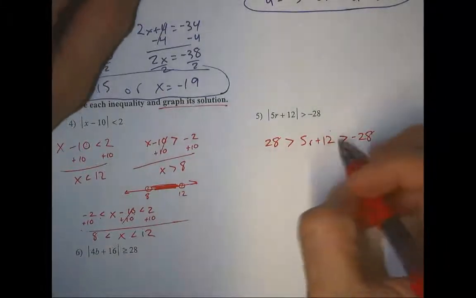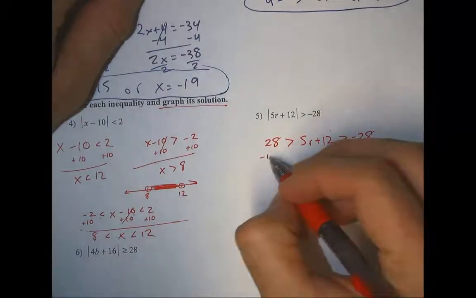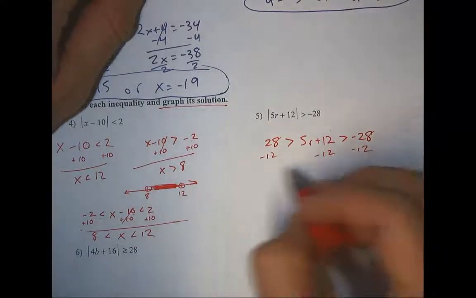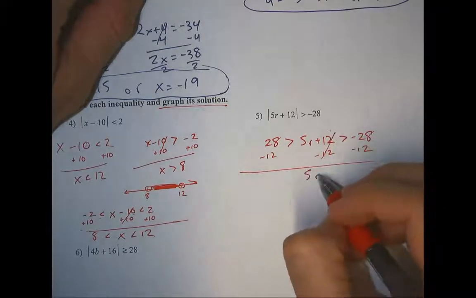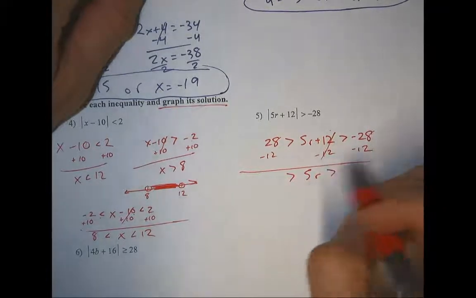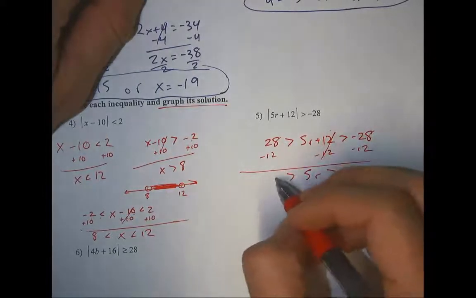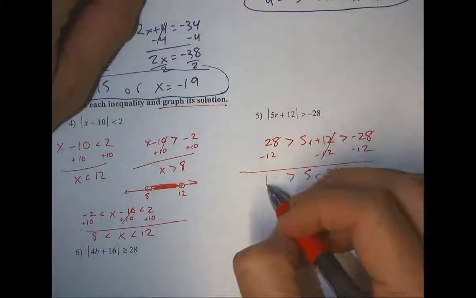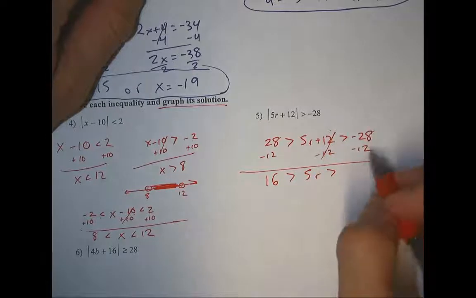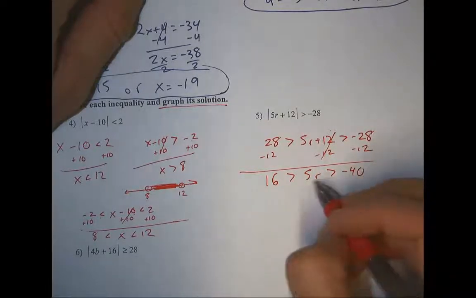So if we solve this all at once, let's see what happens. We are going to minus here, so that is 16. And this is negative 40, divide by 5.